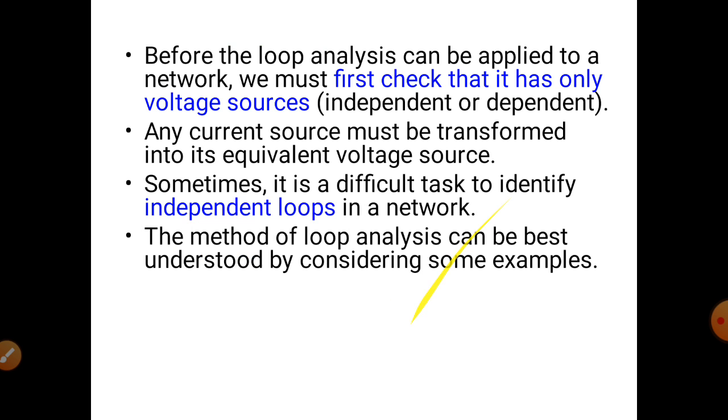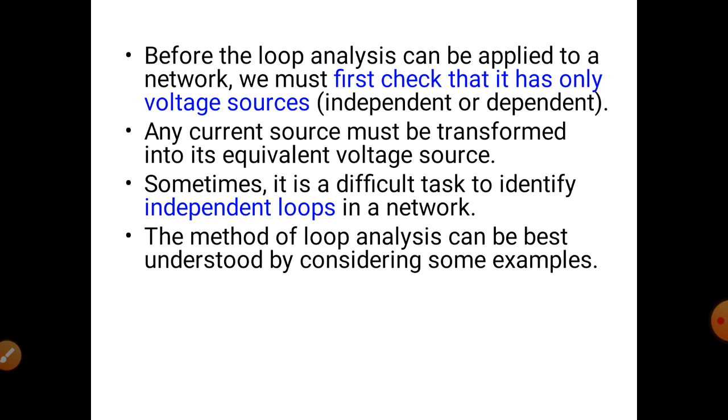And next, before the loop analysis can be applied to a network, we must first check that it has only voltage sources. In mesh analysis, we have to solve the equations by using KVL, but before that we have to check whether the network has only voltage sources or not.